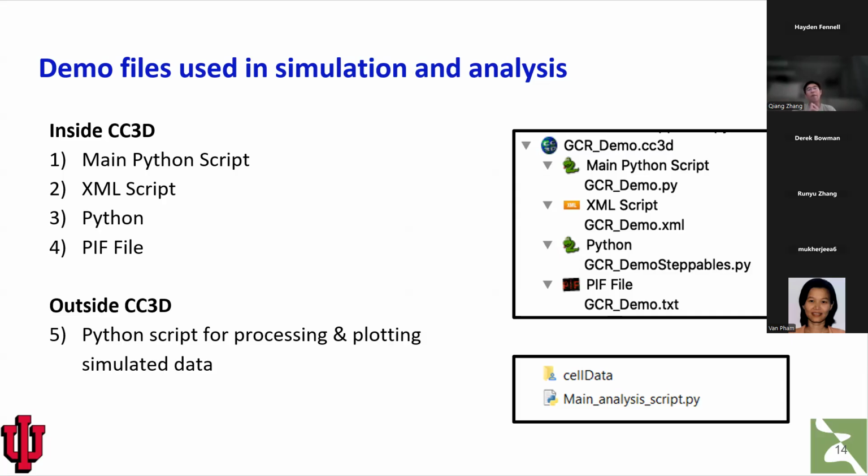By using this script, we'll be able to produce the simulated data, and that simulated data will be saved, and then processed by a Python script outside of CompuCell3D, which plots the simulated results, right? The script outside of CompuCell3D, we call the main analysis script.